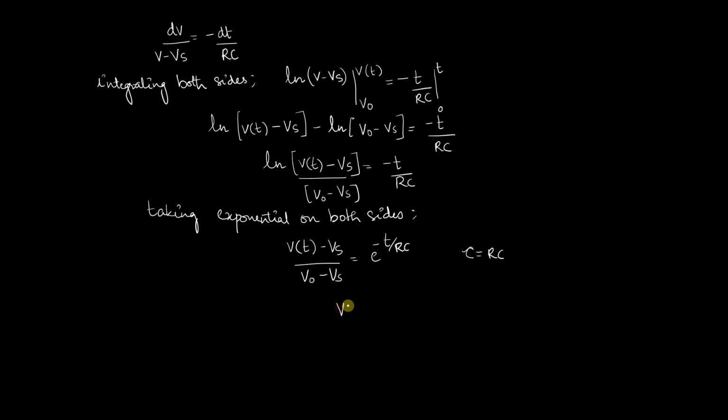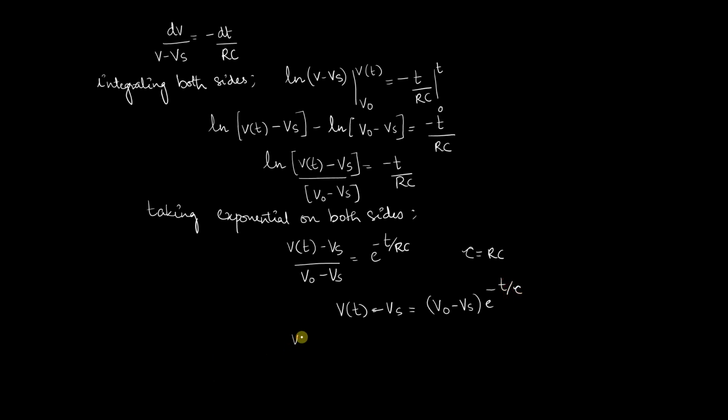Let me rearrange this. V of t minus Vs is equal to V naught minus Vs e power minus t by tau.